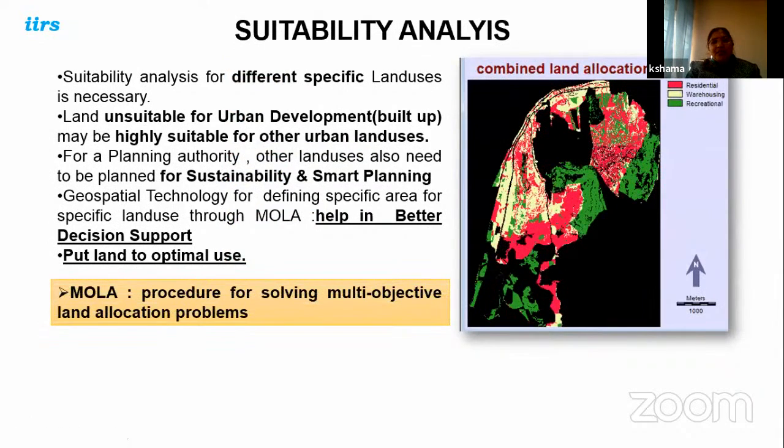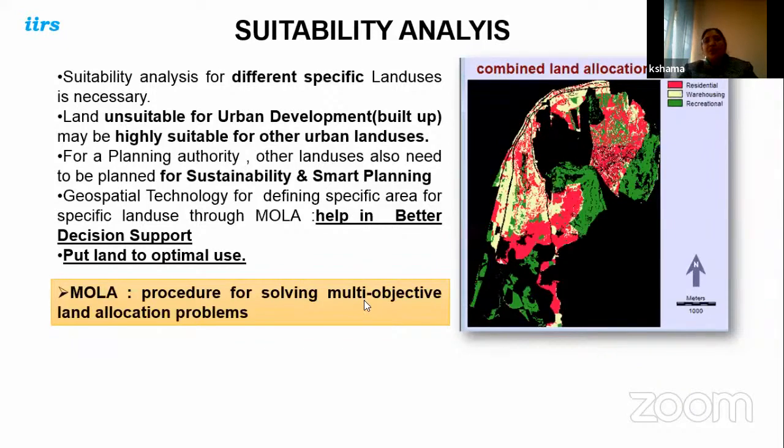Here you can see a suitability analysis that has been done, where suitability has been identified for different urban land uses. We identified the suitability for residential separately, warehousing separately, and recreational separately. All of them were combined together to see the optimal use of land.